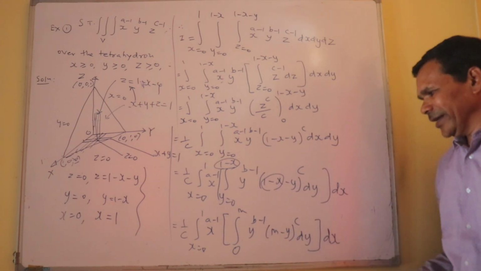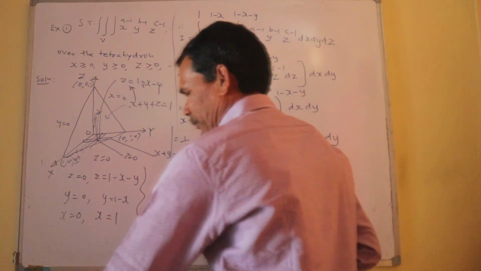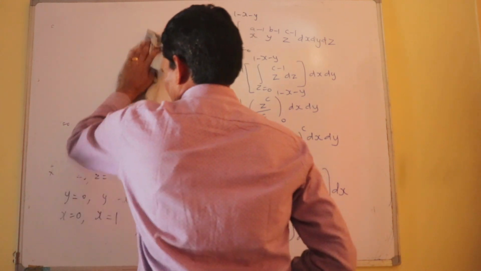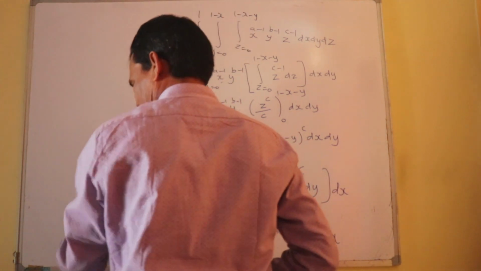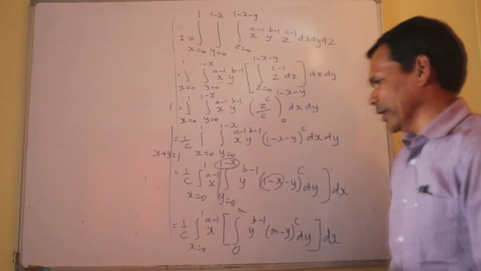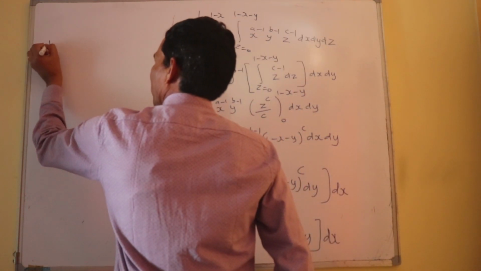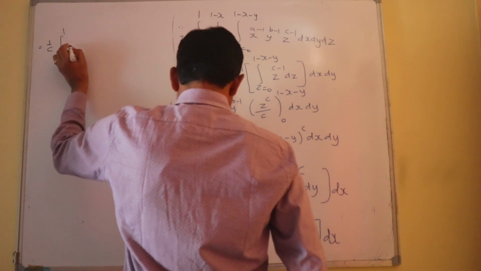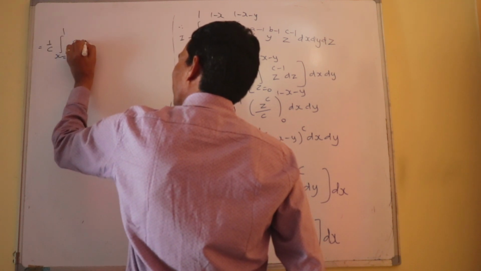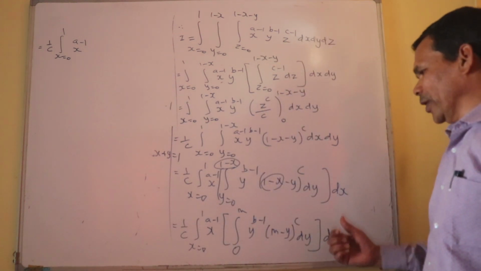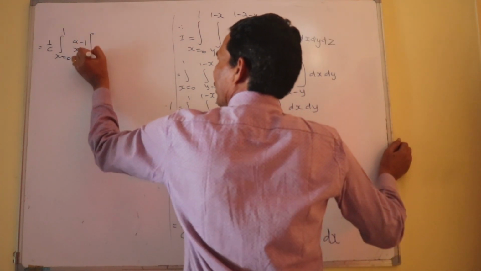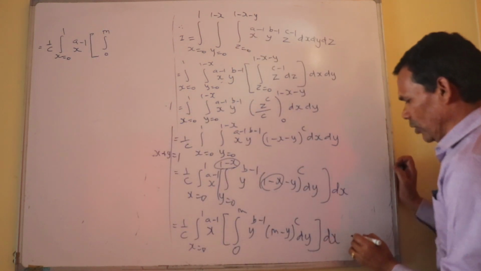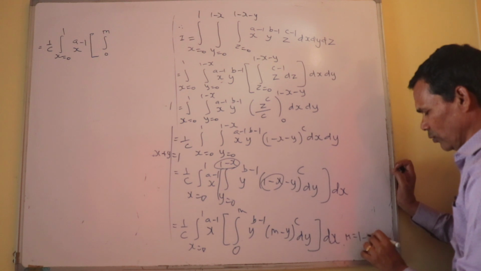So we have to integrate this further. This is equal to 1 upon c, integration x from 0 to 1, x raised to a minus 1, and this integration is 0 to m, where m is equal to 1 minus x.